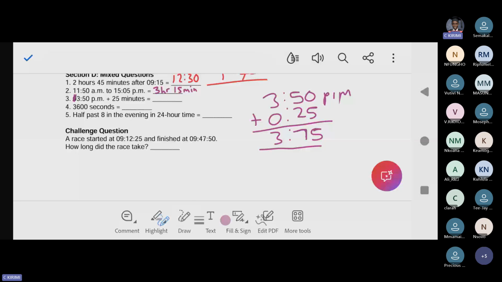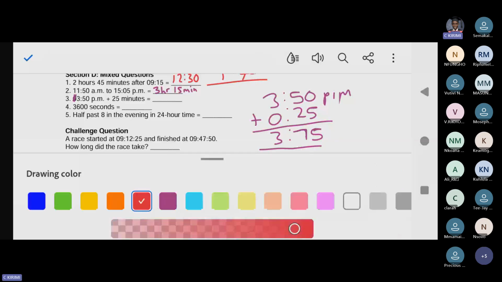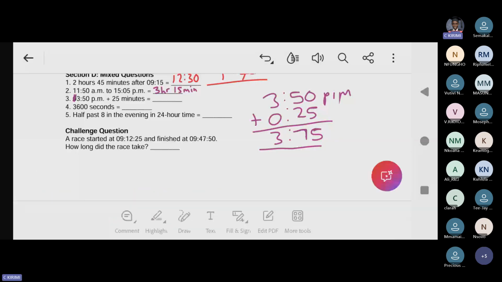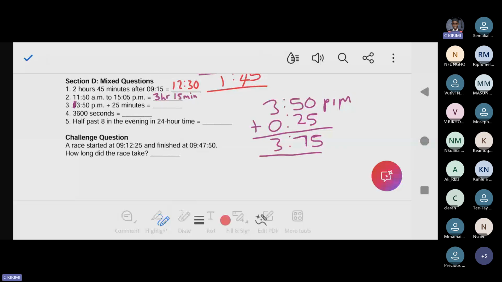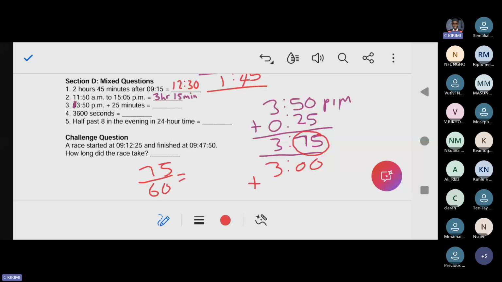So now we want to convert 75 minutes to hours and minutes. So we are going to add 3 hours, which means 3 p.m. Then when you add that 75, you are dividing 75 by 60 minutes. How many times does 60 go into 75?